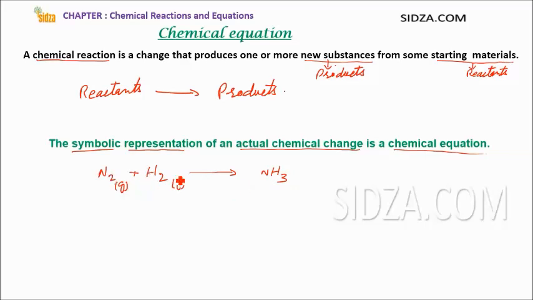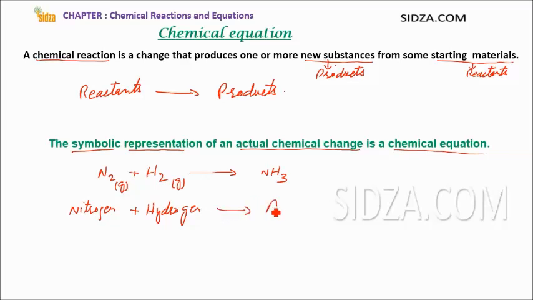So this is basically a chemical change. Here, the molecular formula of nitrogen is N2, hydrogen is H2. When nitrogen gas reacts with hydrogen gas, what do we get?